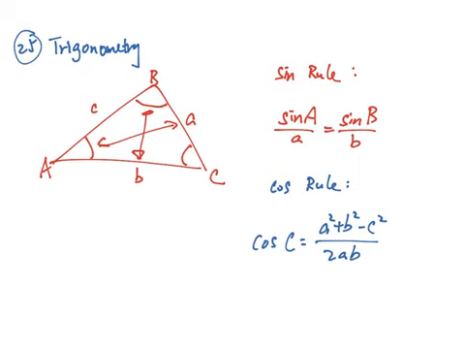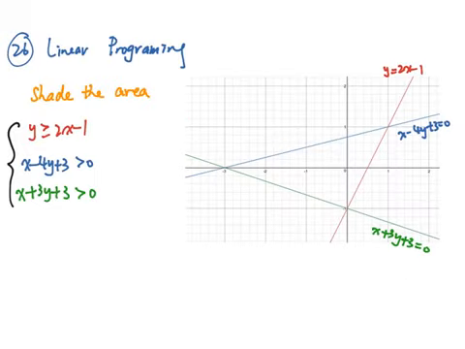Next is the cosine rule. We consider this angle C. So cosine C is equal to a squared plus b squared, where a and b are the sides next to angle C, minus c squared, over 2 times a times b. So that is the cosine rule.